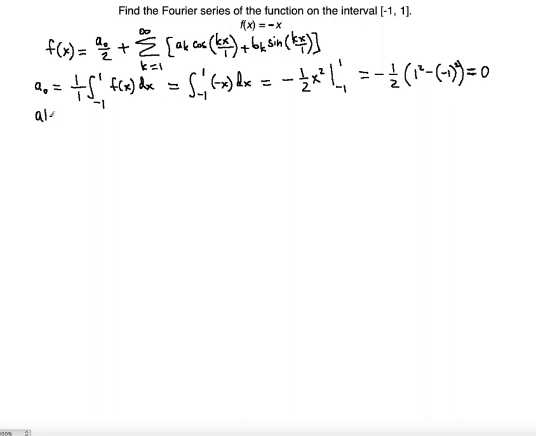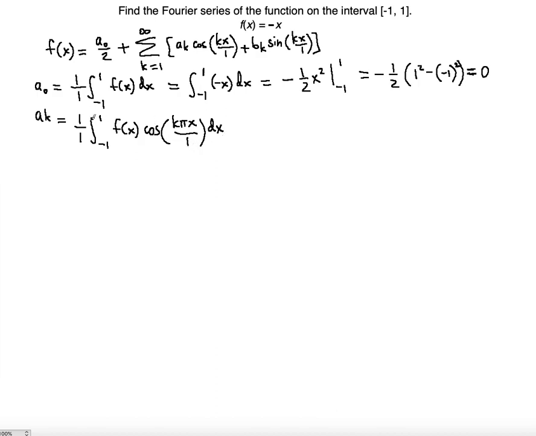Now the a subscript k part, this part here, has a similar form: 1 over 1 integral from -1 to 1 of f(x) multiplied by the cosine of k pi x divided again by 1, because we're taking half of this interval, dx.